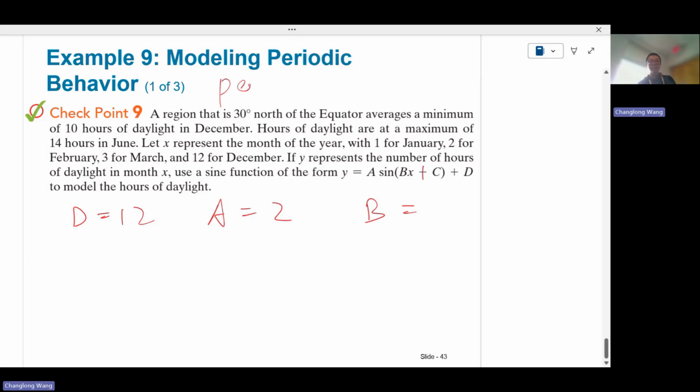And again, let me remind you, the period formula is 2 pi for any sinusoidal graph divided by the absolute value of B. But in this case, the B is going to be positive, right? There's no reason for a negative B. Did they tell us anything about a period for this, like a behavior for the hours of daylight, the months of the year?